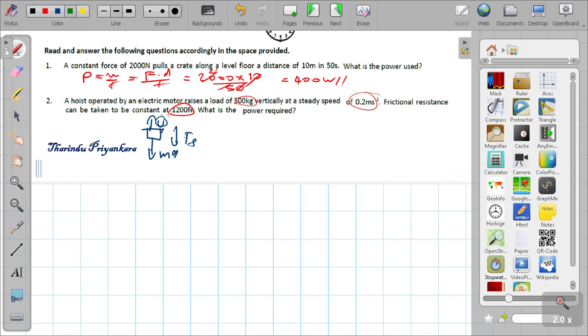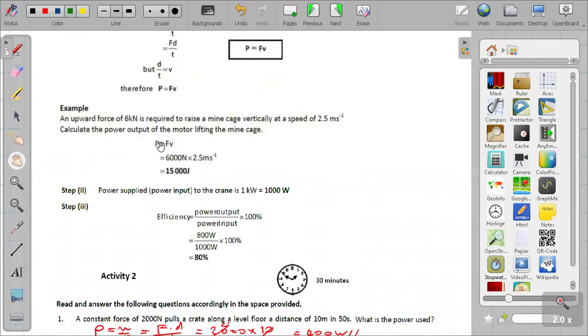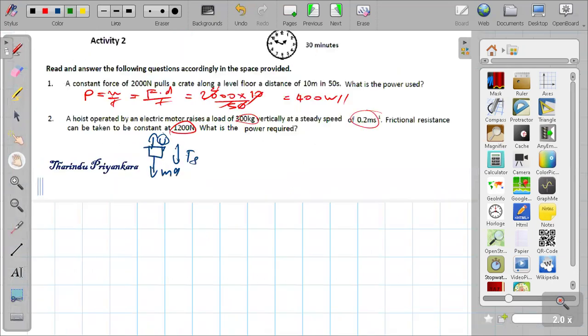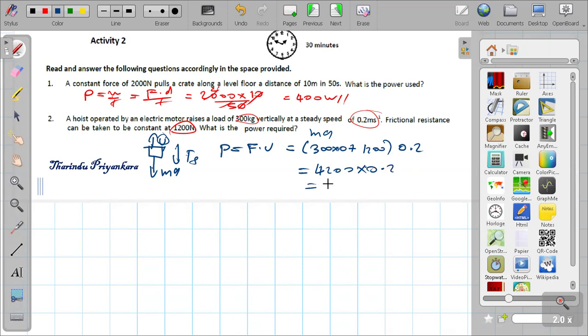We had a really general equation, P equals F into V. So the F is a combined stuff: 300 times 10 because it is mg, plus the frictional force 1200, times velocity 0.2. 4200 times 0.2 is 840.